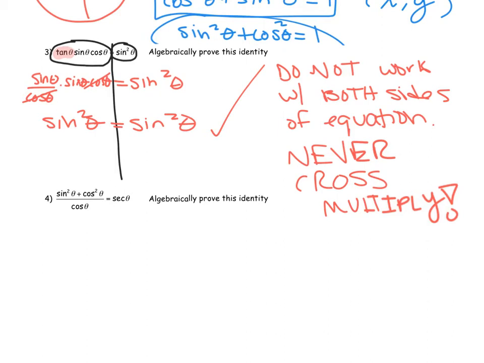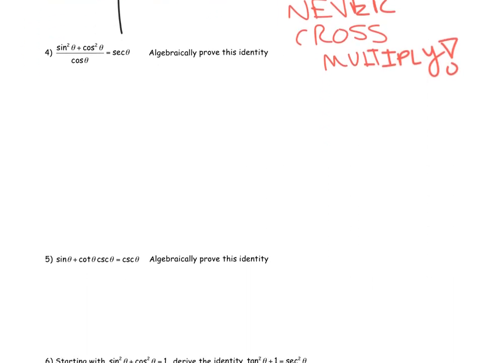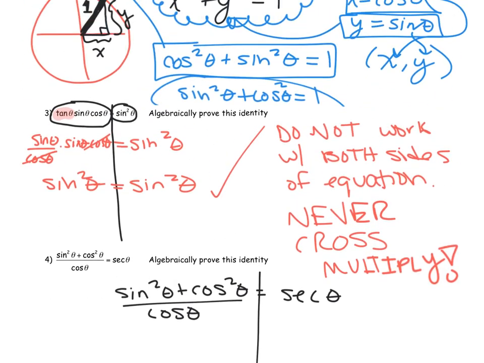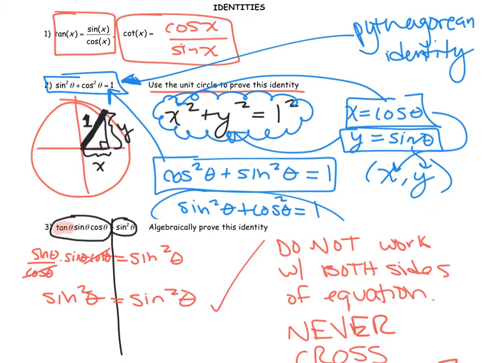Like I said, most of the time you probably want to get it in terms of sine and cosine. Okay, so let's take a look at question 4. Again, never cross multiplying. I'm just going to write this out again to give myself some space. I have sine squared plus cosine squared is equal to secant theta, draw that down the middle, all over cosine of theta. Well, remember what we just proved earlier. Sine squared theta plus cos squared theta is equal to 1.